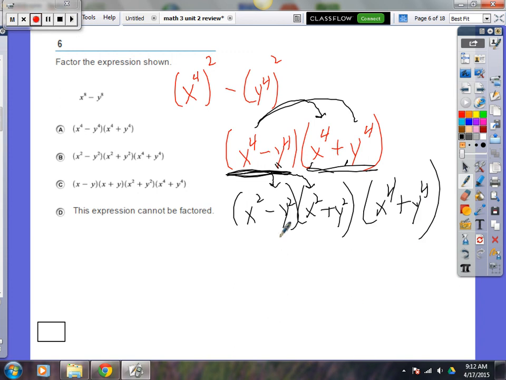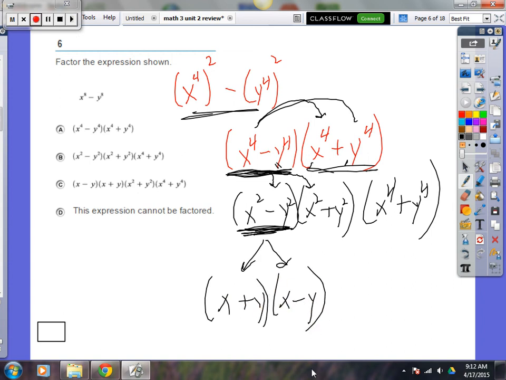And then this guy right here is another difference of squares. So we're going to go from a difference of squares to a difference of squares to a difference of squares. This one, you can rewrite that as x plus y times x minus y. And then this sum of squares, you can't factor a sum of squares without imaginaries. So x to the fourth plus y to the fourth.